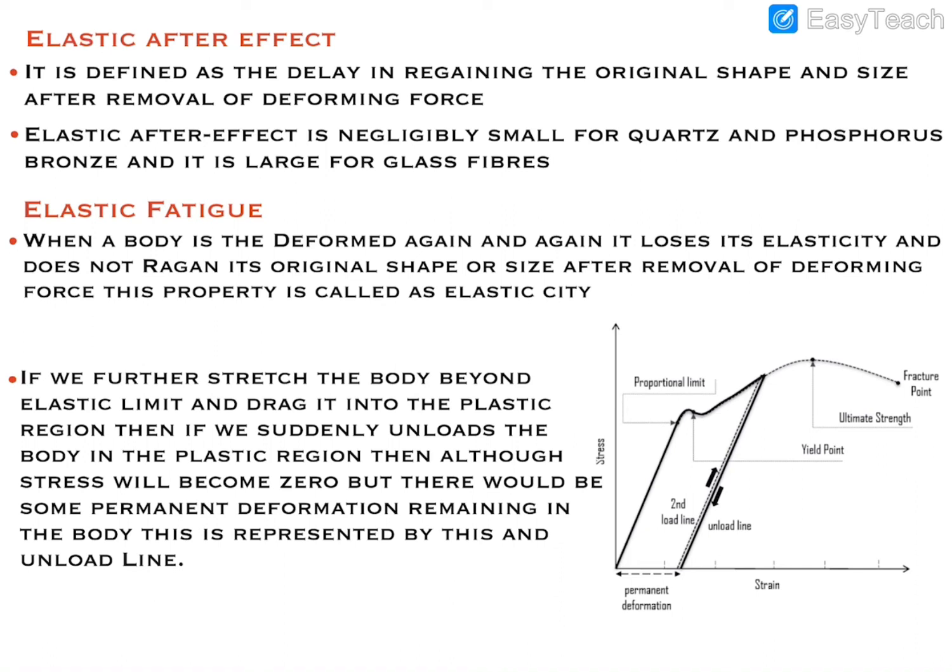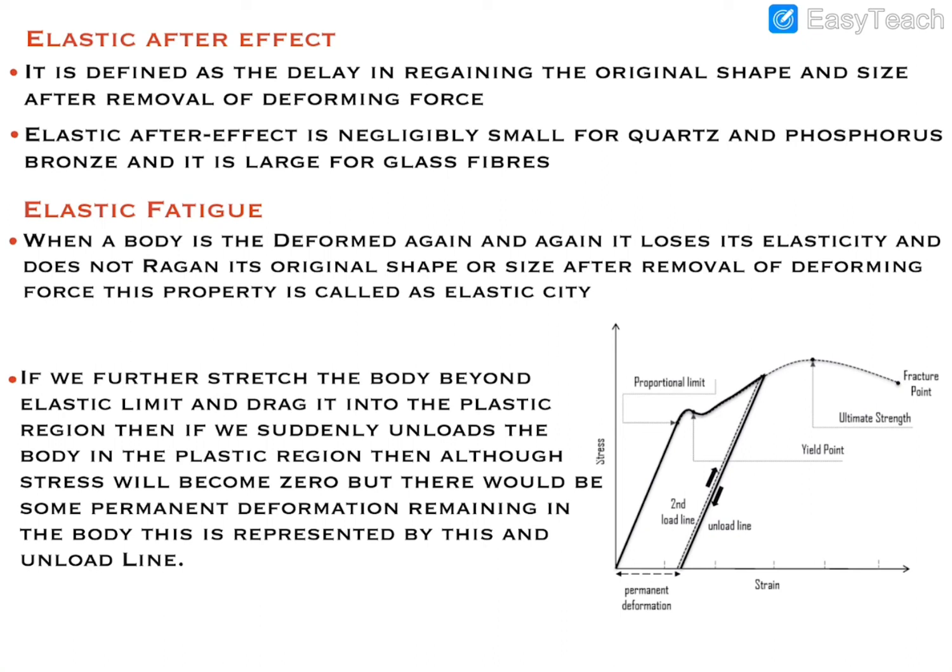Now there are some phenomena which we will discuss for a body. This is the elastic after effect. Elastic after effect is a phenomenon in which you can imagine that if we are stretching a glass fiber at a high temperature, then it will regain its original shape or size infinitely slowly. It will take a lot of time to regain its original shape and size, and this is the elastic after effect.